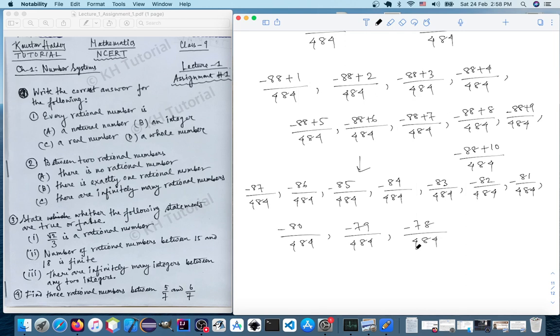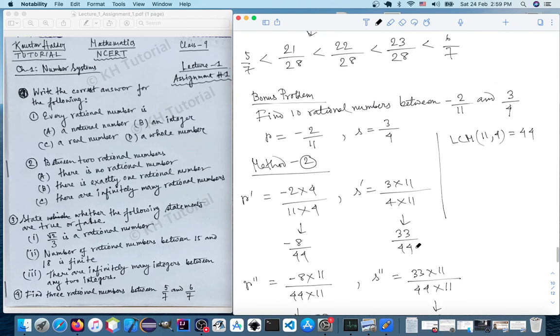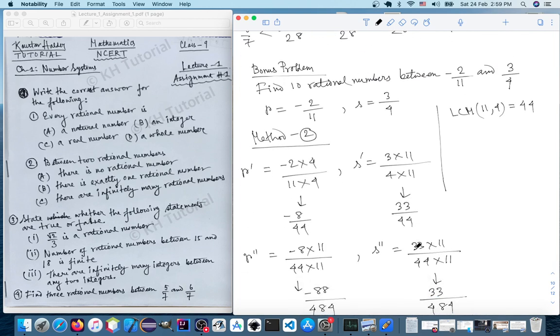So these are the 10 rational numbers that will lie between the given two rational numbers minus 2 by 11 and 3 by 4.